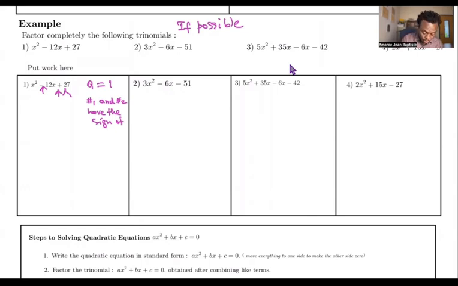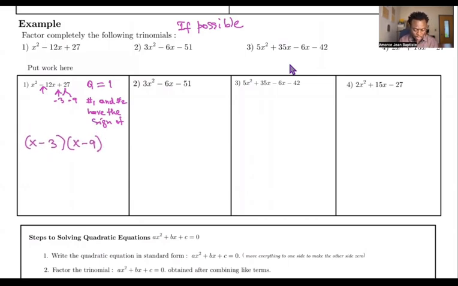So the two numbers will be -3 and -9. So I can draw two pairs of parentheses, split the x² as x and x, and then the two numbers, -3 and -9. That gives me the factored form of this expression. So this is the easy one.